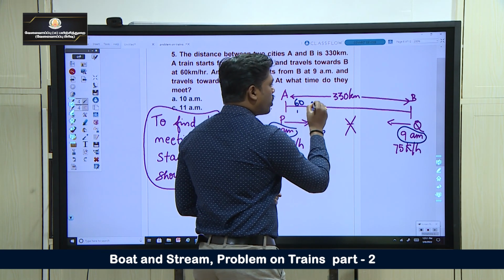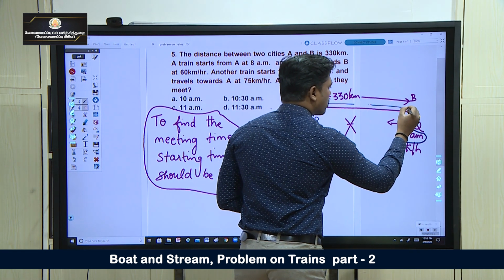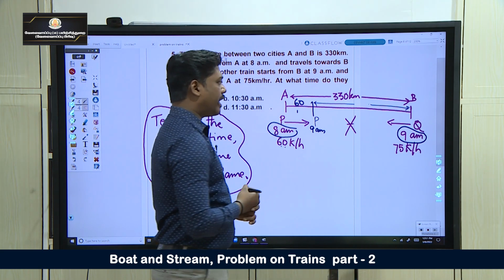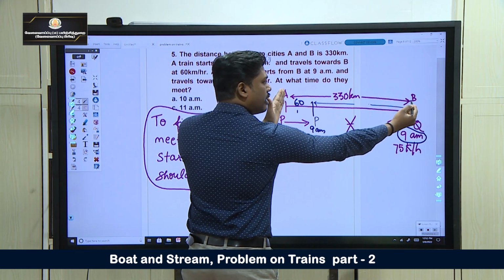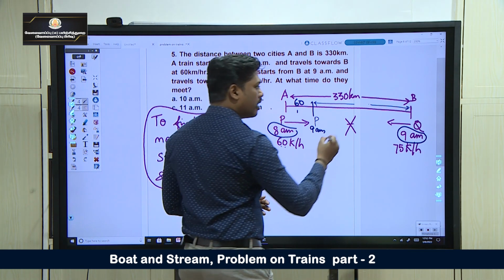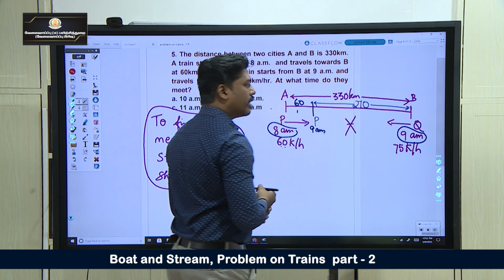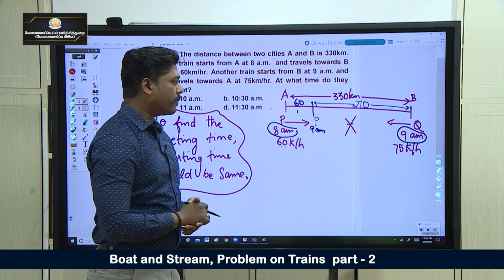Now what could be the distance between the two trains at 9 a.m.? 330 minus 60 gives 270. Now the distance between the two trains P and Q is 270 kilometer.